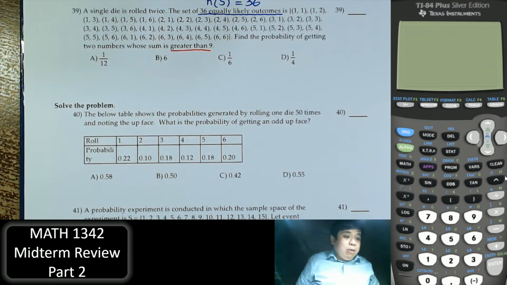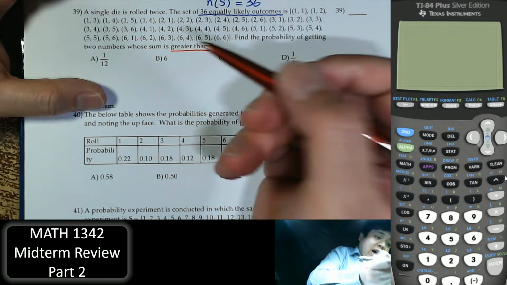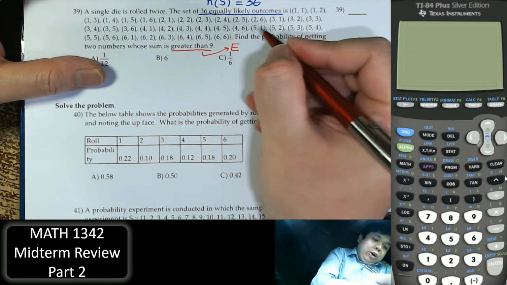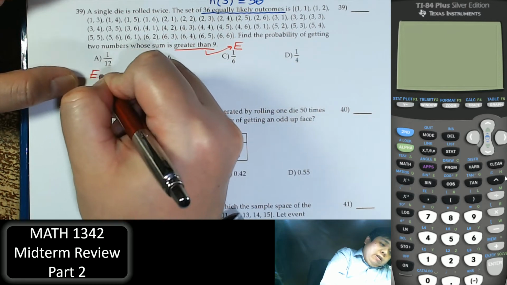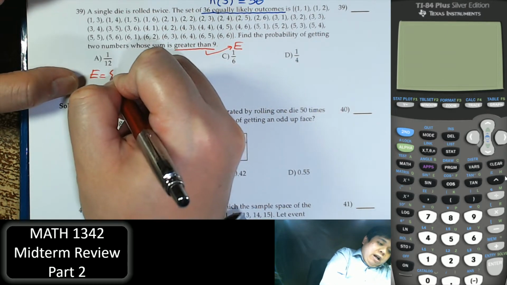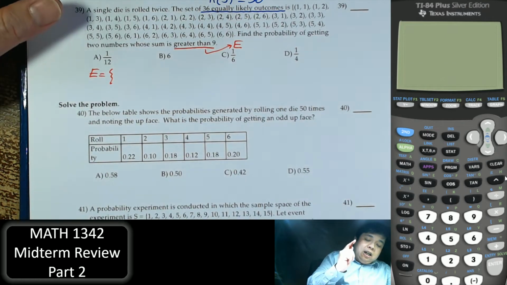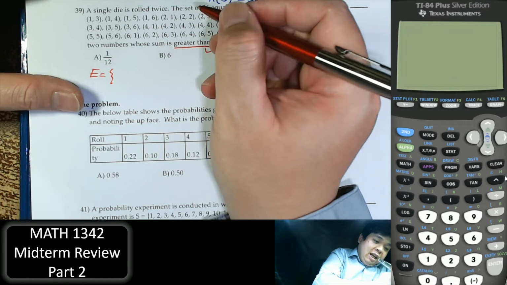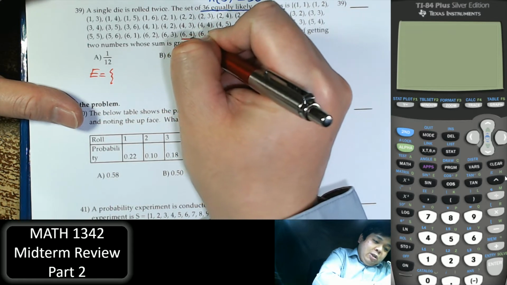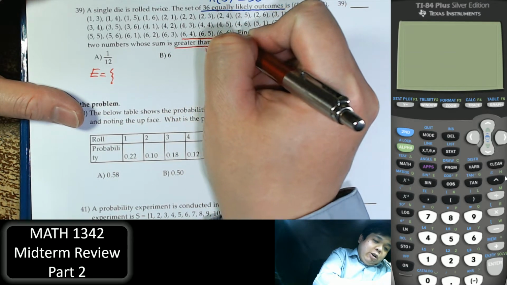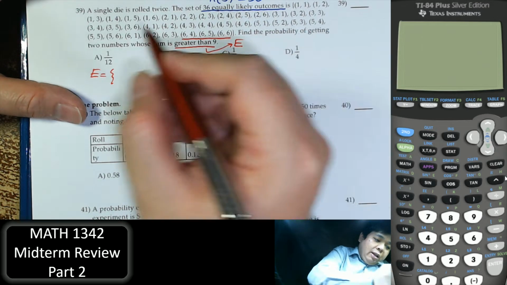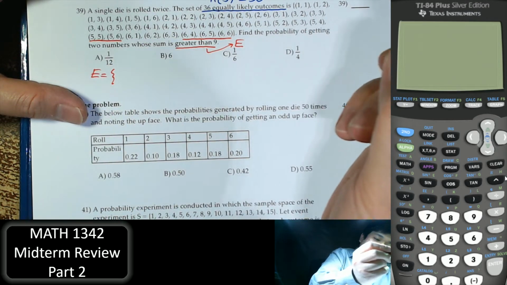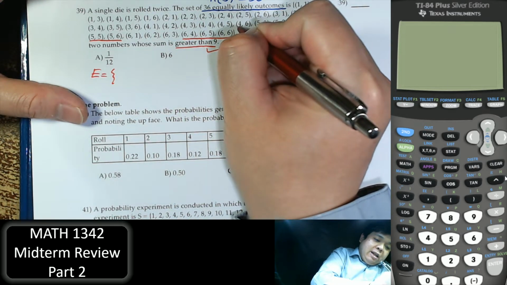And out of those, how many of them are actually greater than 9? So greater than 9, let that be the event E. We can list them if we want to. Greater than 9 has to be 10, 11, or 12.